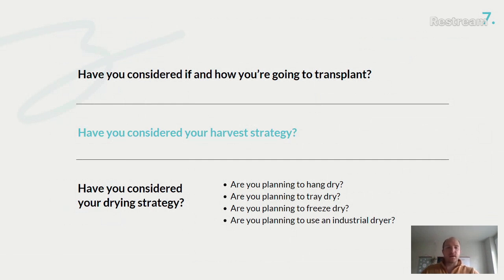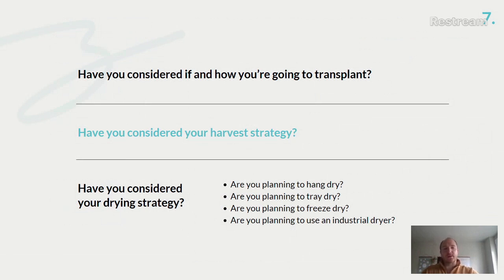It's going to affect the complexity of the operation. It could affect your pest management strategy, because if you're having a lot of labor come in and harvest half the room and then leave the other half in there, you're potentially opening up that remaining half to a contamination risk that you may just want to be aware of, and maybe you consider altering your strategy as it relates to that.